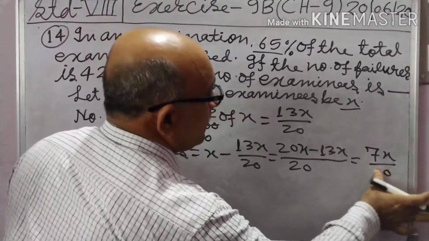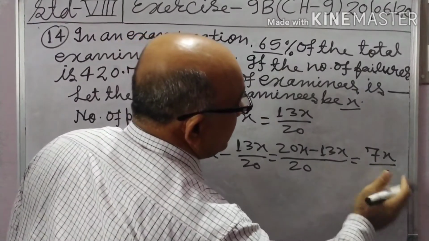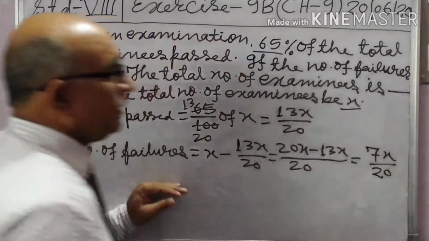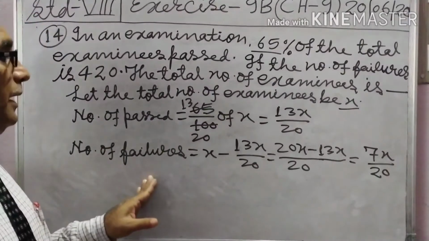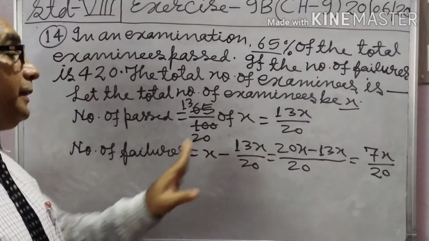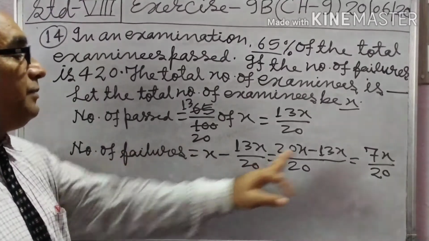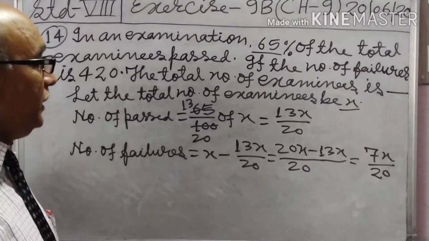So the number of failures is 7x by 20. Number of failures equal to 7x by 20.